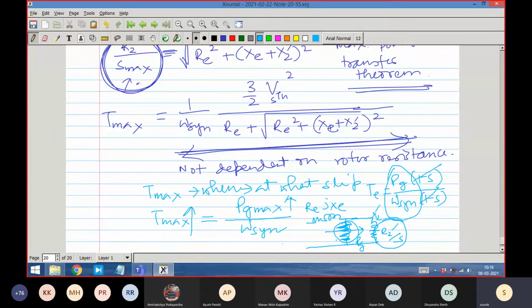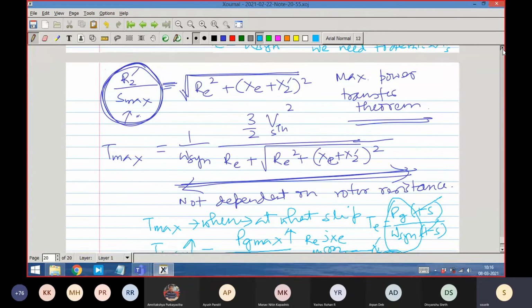This has been removed after taking the equivalent circuit. Let me not confuse you. PG is the power that is going from here to here. This is RE, jXE. So now I can apply that this impedance is equal to this impedance. That is what we have applied.